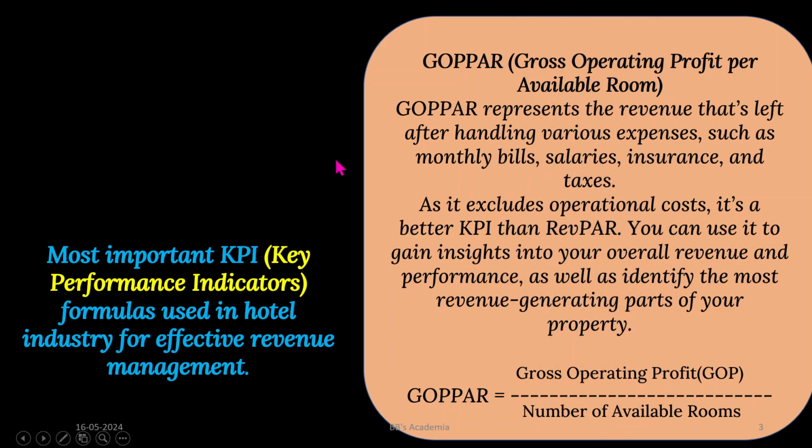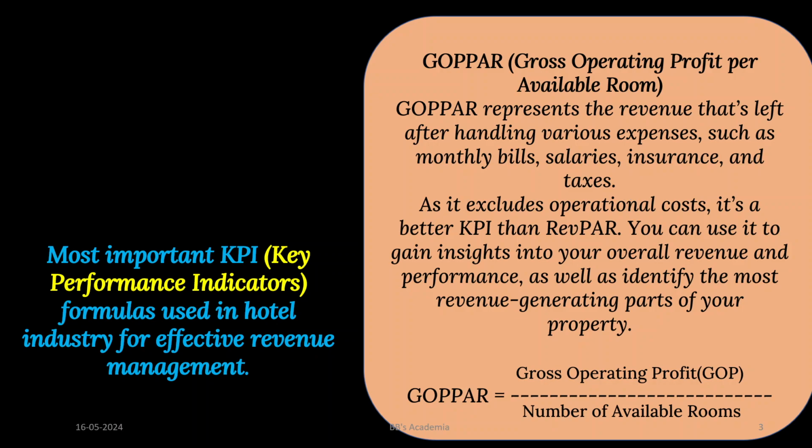Another one is GOPPAR, gross operating profit per available room. GOPPAR is what? Gross operating profit per available room. What does it mean? GOPPAR represents the revenue that's left after handling various expenses such as monthly bills, salaries, insurance and taxes.